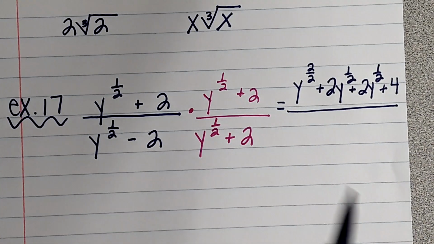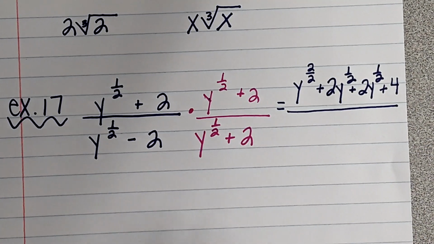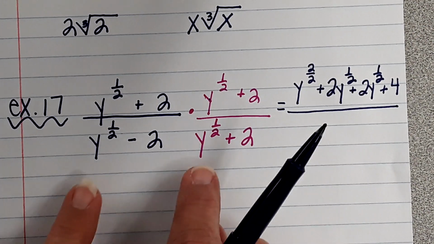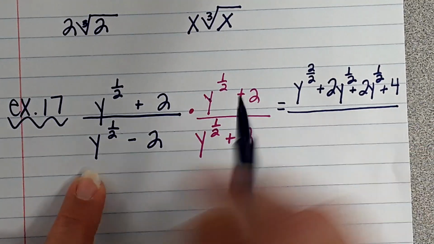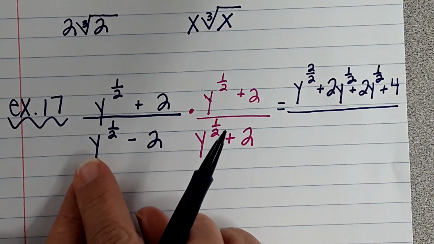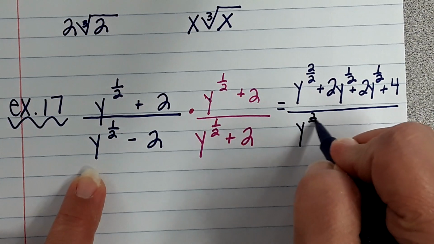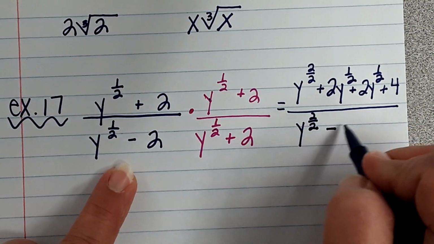And remember, you guys, because they're conjugates, which is a form of a difference of squares, the reason you do that is because it eliminates the middle term. So only when they're conjugates, you can multiply the first two terms. So y to the 1/2 times y to the 1/2 is y to the 2/2, minus 4.